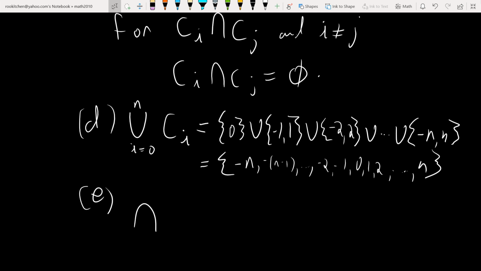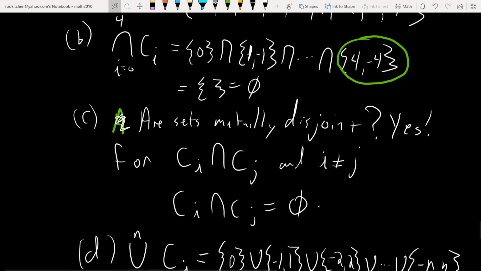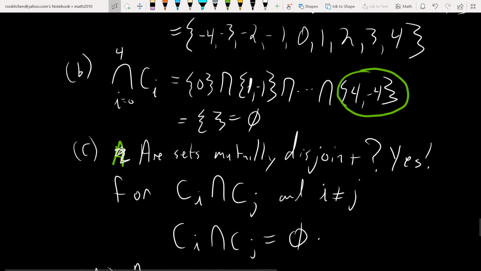An infinite one, so I'm going from i equals 0 to infinity of C sub i. None of these sets will have anything in common, and it's basically because of part B and part C. Basically, every set is different, right?